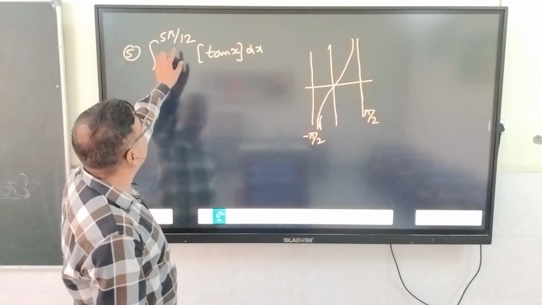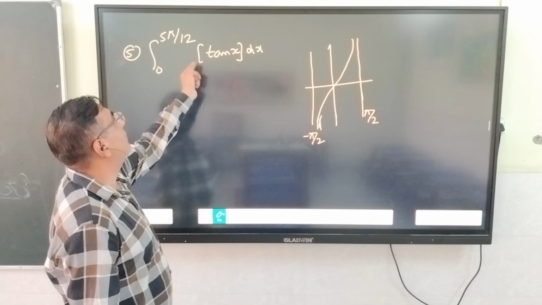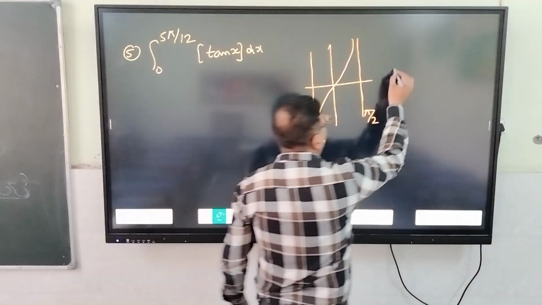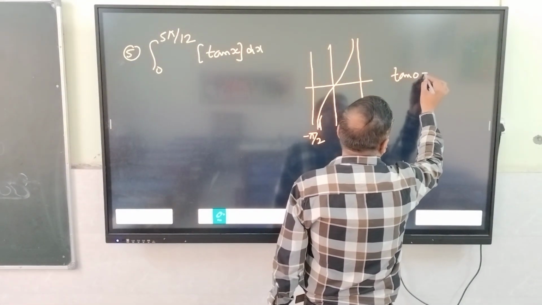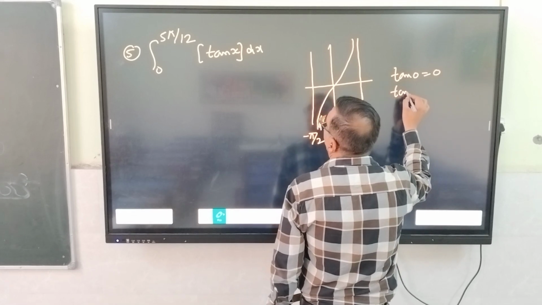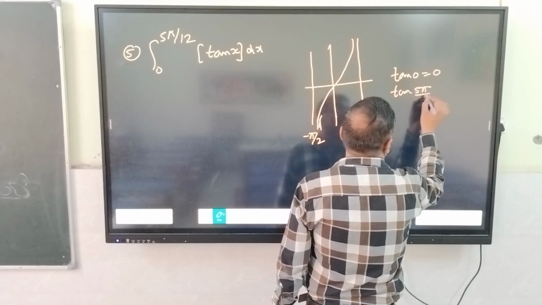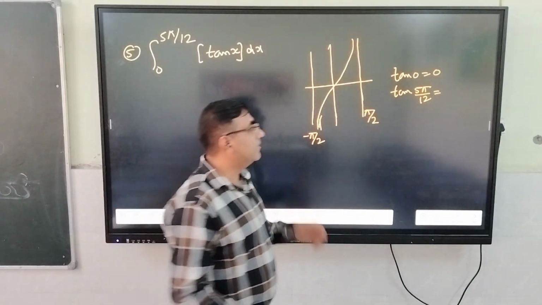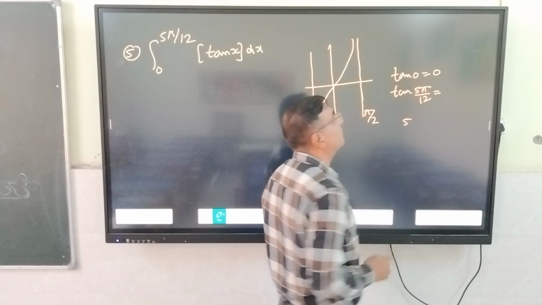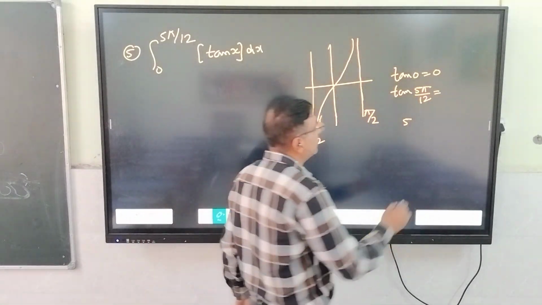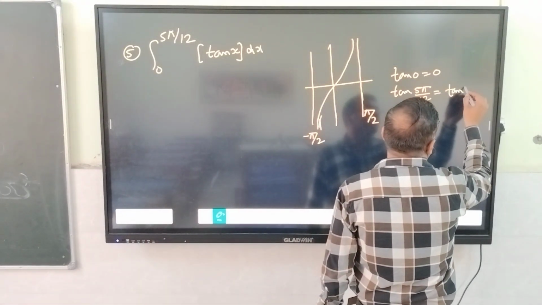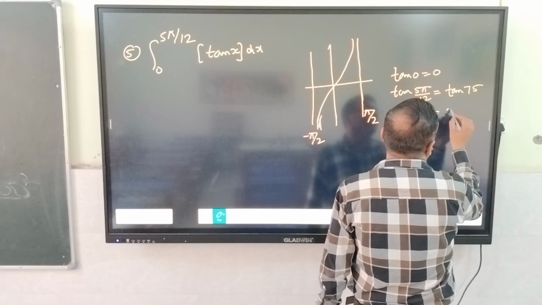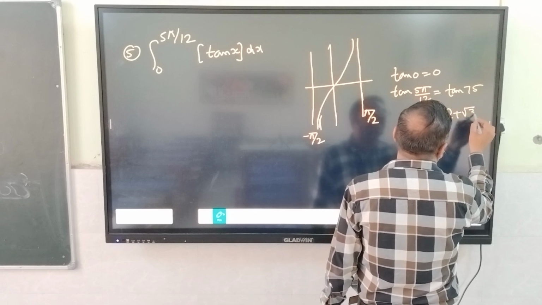If you put the respective values from here, tan 0 is 0, and tan 5 pi by 12. 5 pi by 12 means 75 degrees, so it is tan 75. The value of tan 75 is 2 plus root 3.